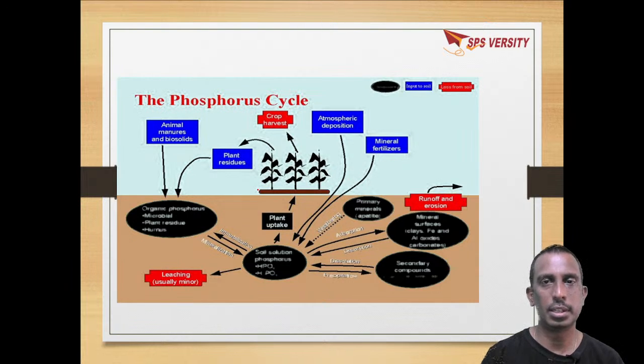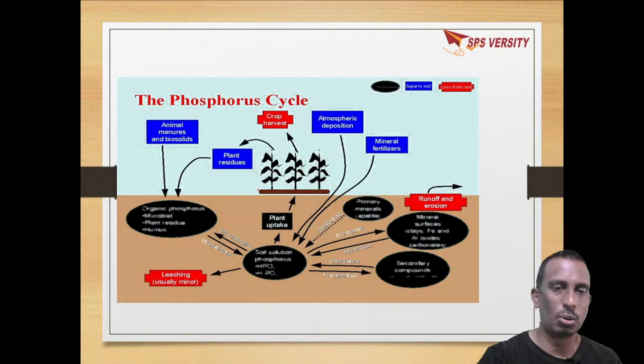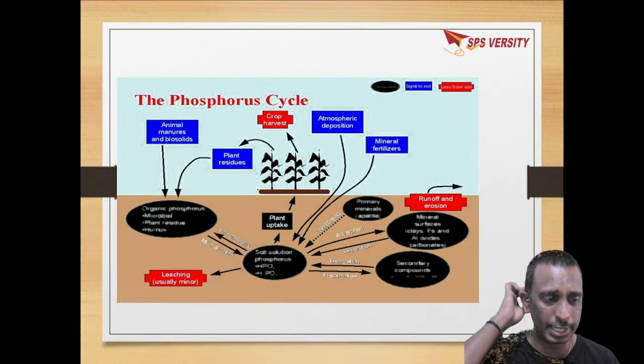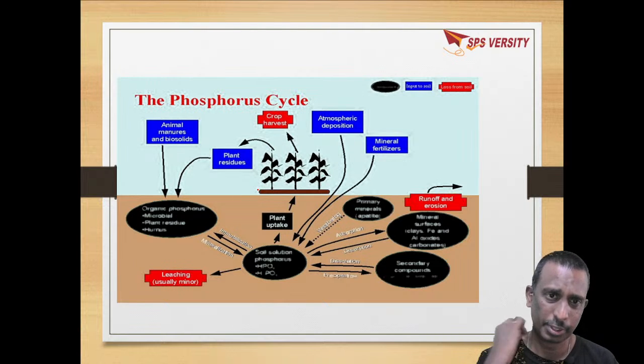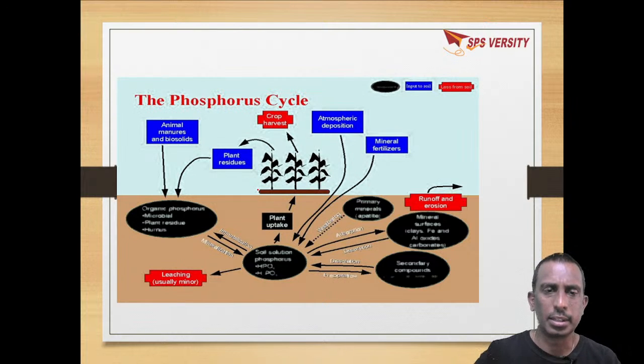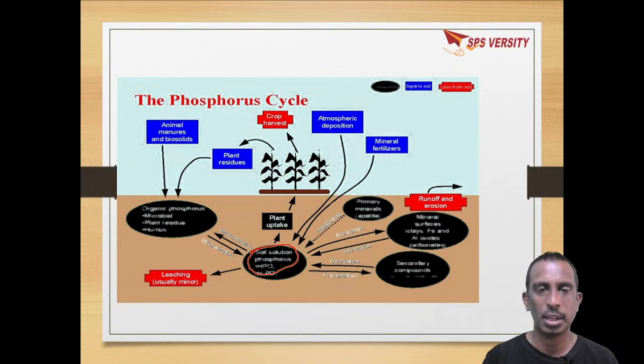Okay. Here you can see inputs and loss of phosphorus at various stages. Take the soil solution, which is nothing but water, to which you can see inputs from various sources. Like mineralization, which is one step in decomposition.